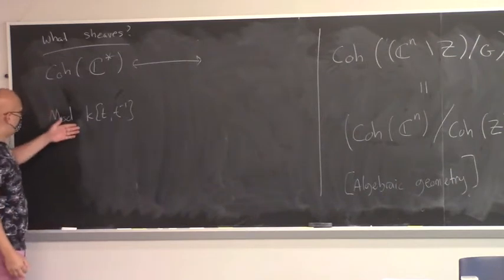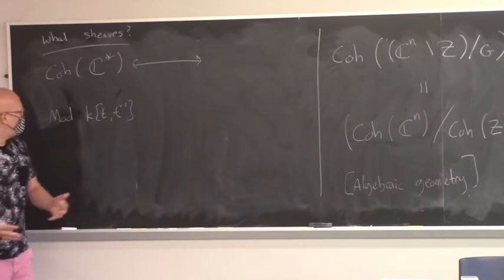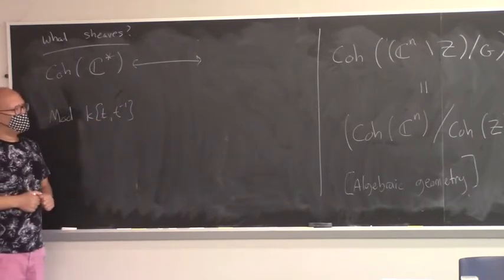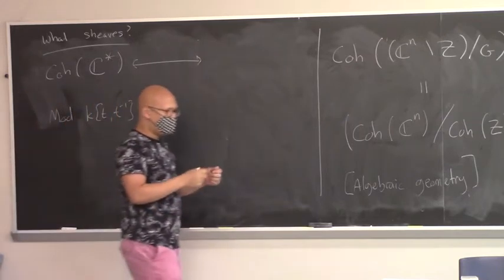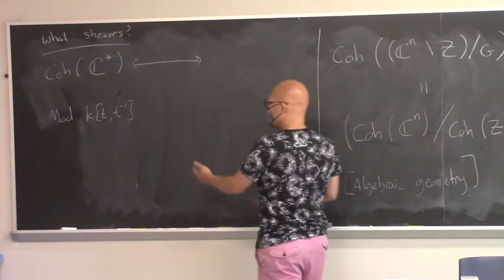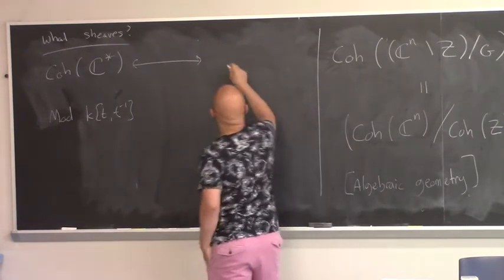And if I have a module over k[t, t inverse], that's just a vector space on which t acts invertibly. So from such a thing, I can make a locally constant sheaf on the circle. That vector space is its stalk, and the way t acts is its monodromy.